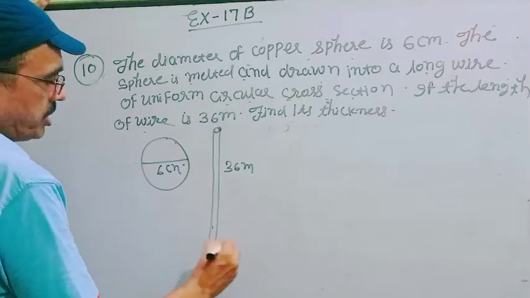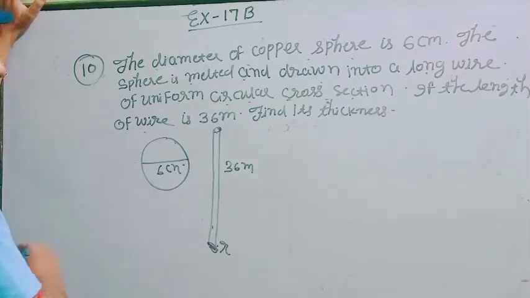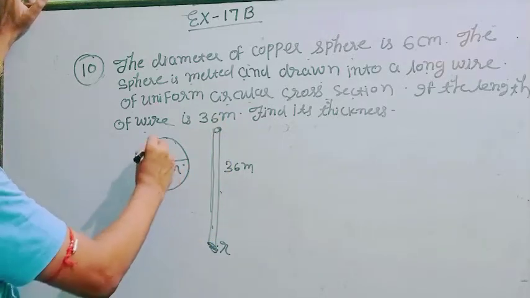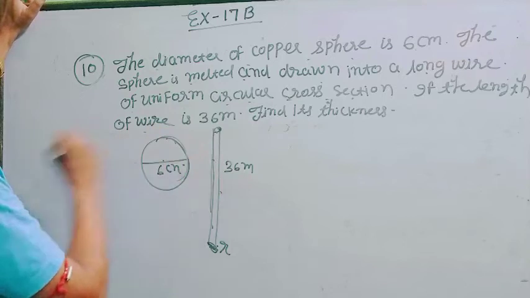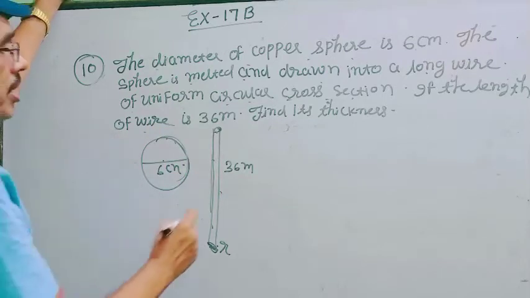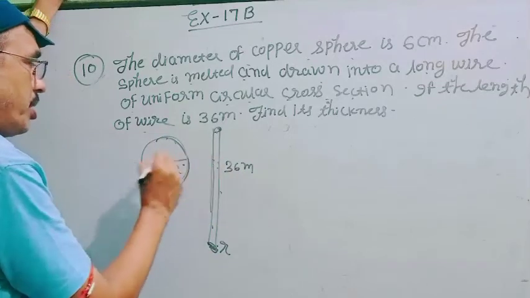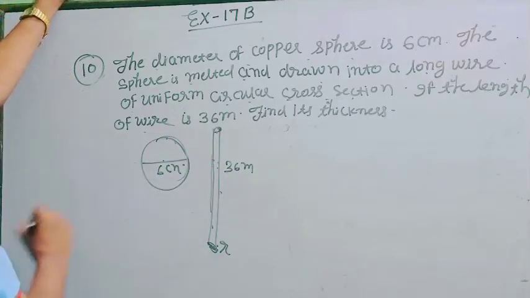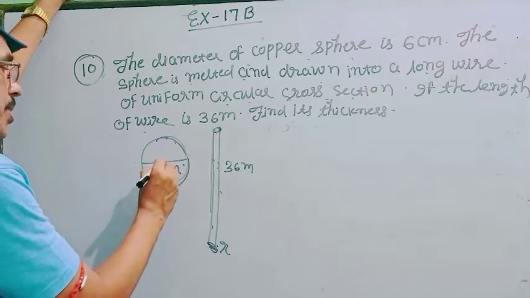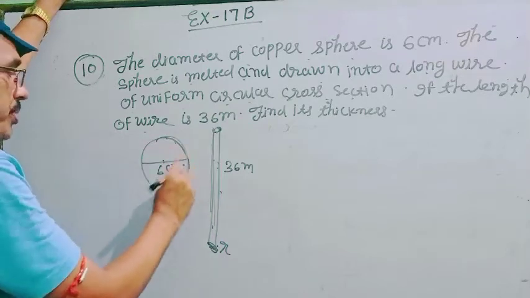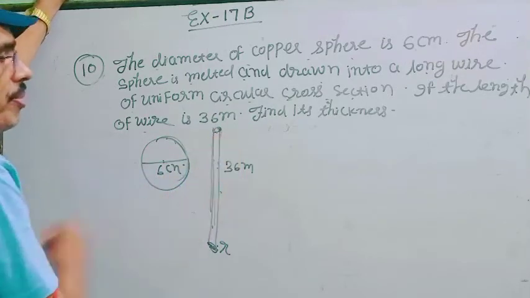So suppose the radius of the wire will be r. A wire is always in the form of a cylinder, and a sphere is melted to form a cylinder. Then it is clear that the volume of the cylinder, that means the volume of the wire, is equal to the volume of the sphere. Because the diameter of the copper sphere is 6 cm and it is melted and recast into a wire, the volume of this sphere is equal to the volume of this wire.